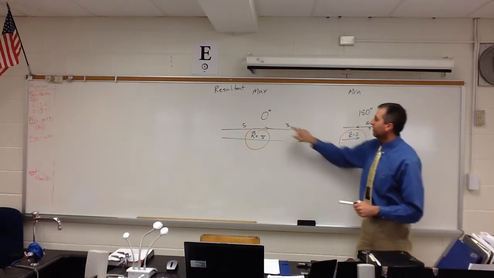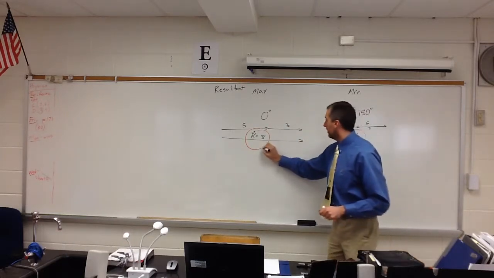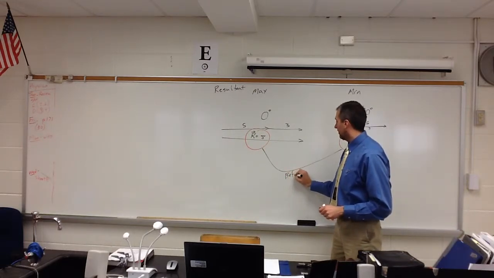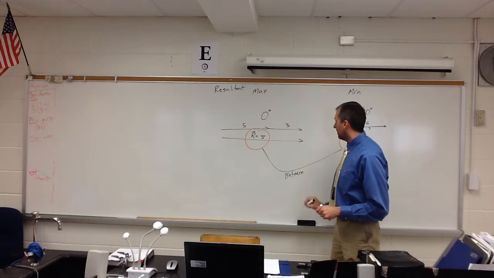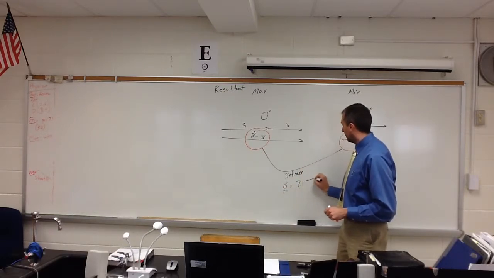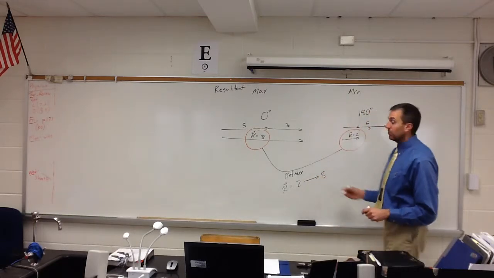The resultant of a 5 and a 3 has to be between a 2 and an 8. So your possible answers are between these. Your resultant could be anywhere from a 2 up to an 8. Any number in between is possible.